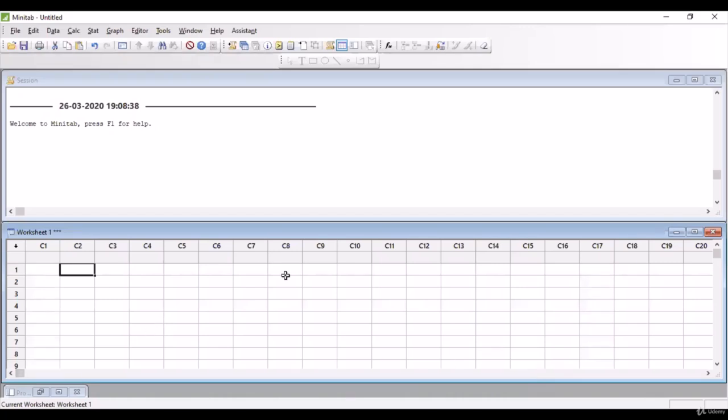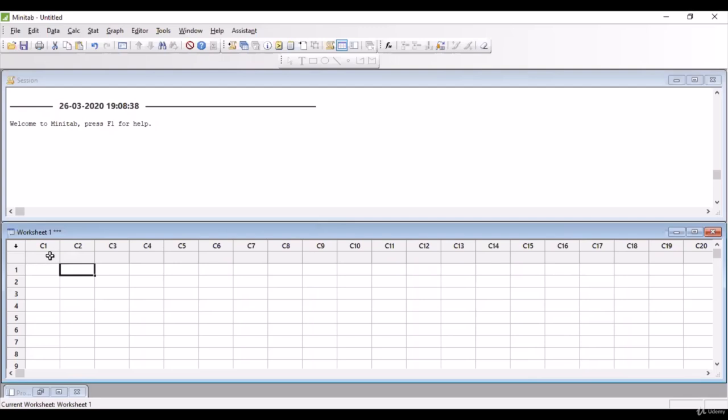I'm taking you guys into a software tool called Minitab. You can download it from the internet, that's not a problem. In this Minitab, I wanted to demonstrate how this Bernoulli works.